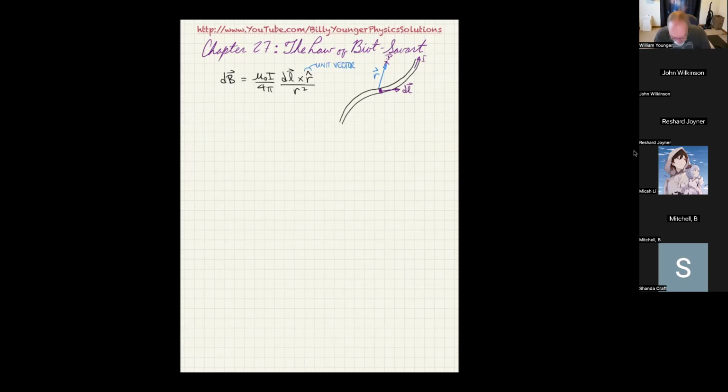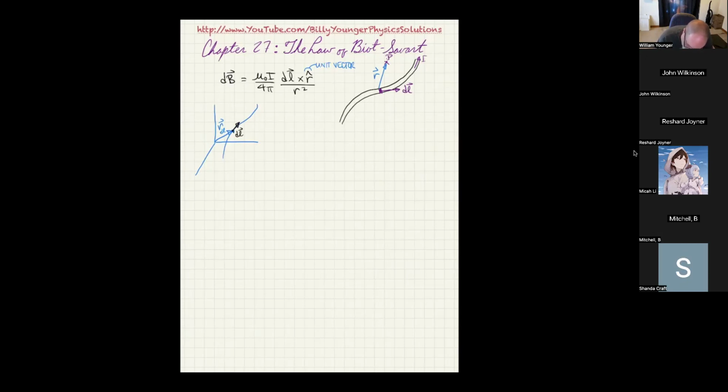Now, there's a couple ways you can think about that. What I normally do is I'll take my students and say, okay, let's draw a little coordinate system like this. And I'll draw a chunk of wire going around like this. And I'll say, okay, this is the r dl vector, the vector that points to the little section dl of the wire.